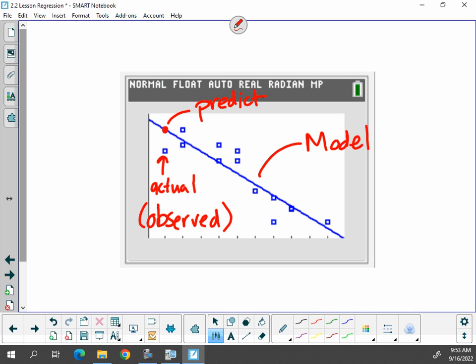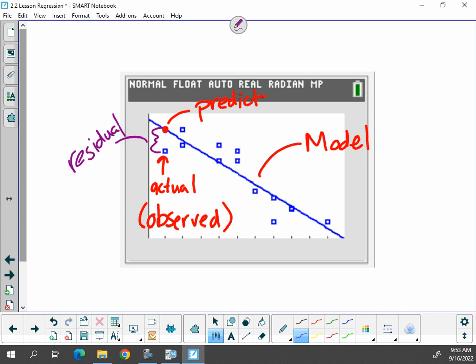So this was a 1-year-old Toyota Corolla. The thing that we observed was the price that it was for sale. And that point on the linear model, the regression equation, the line, is what we would have predicted if we used our equation to calculate the cost of a 1-year-old Toyota Corolla. You can see they're not the same. There's some distance between those two things, and what we call that distance is a residual.